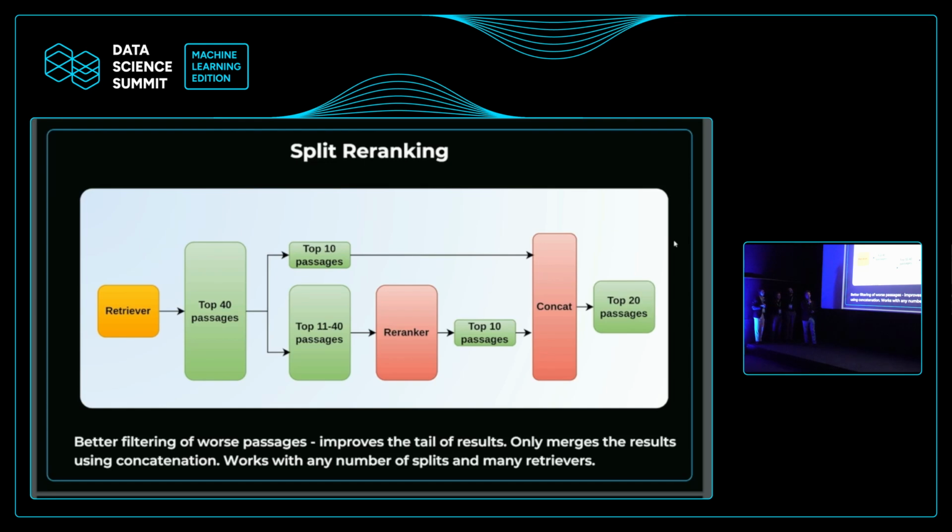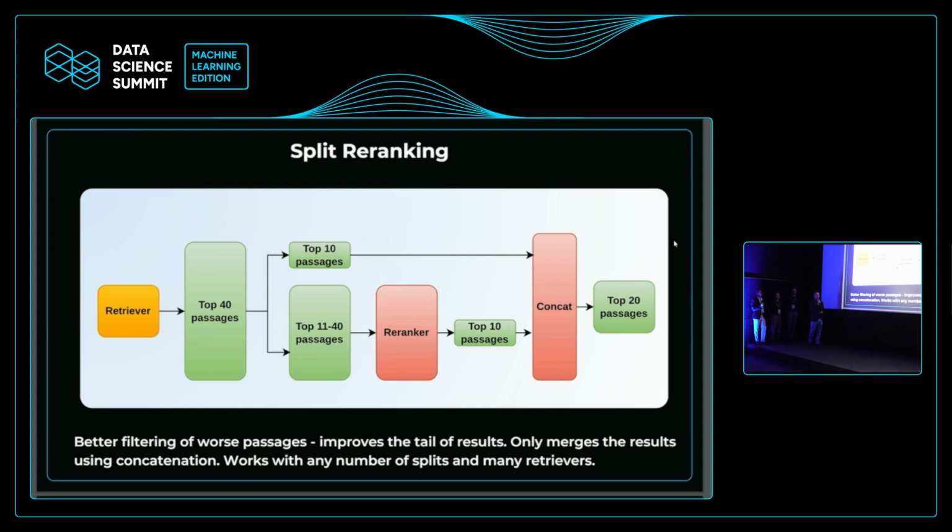And now we are going to introduce another concept, which we call the split re-ranking. We actually created it in order to solve a problem, because when you retrieve more passages and filter them out to a smaller number of passages, it's not that straightforward, because of course you can promote passages that are initially further, but you can also downgrade the passages that were already very good.